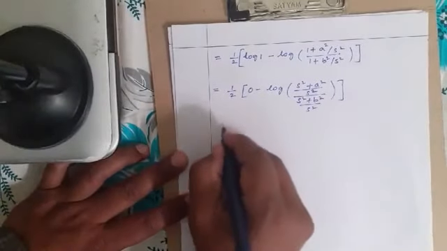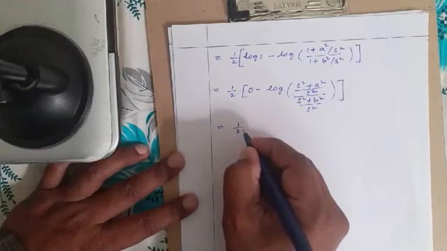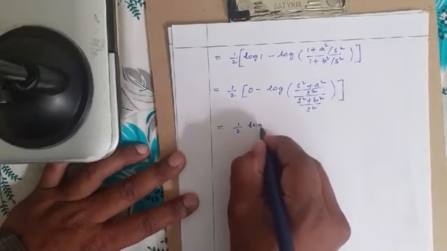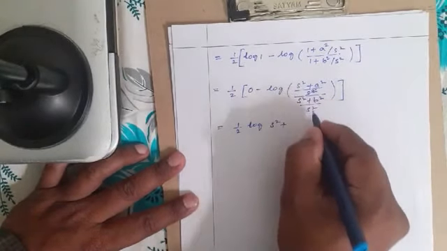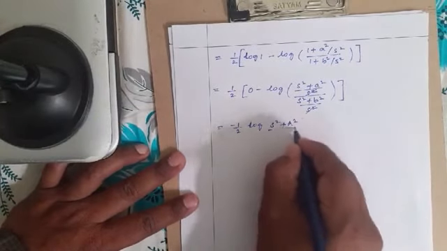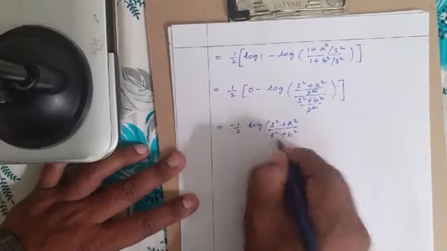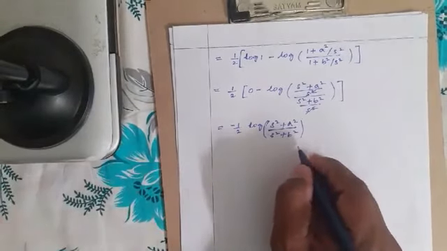Then the last step is 1 upon 2 log, I can write this as s square plus, s gets cancelled here, so you will get minus 1 by 2 log s square plus a square upon s square plus b square. So this is the answer for the given problem.